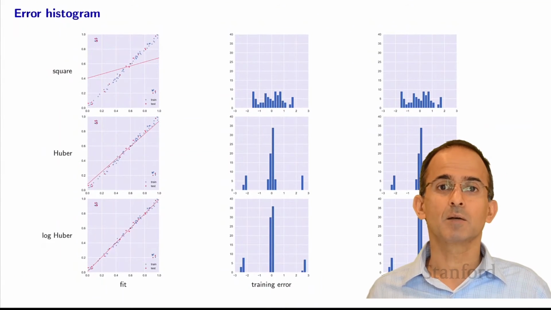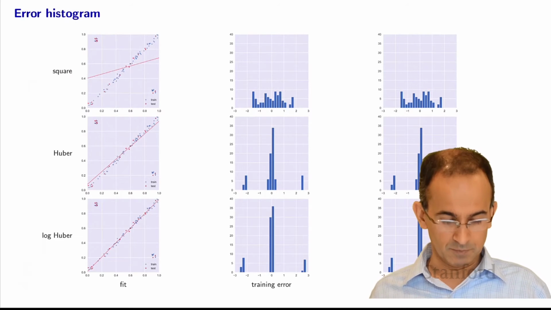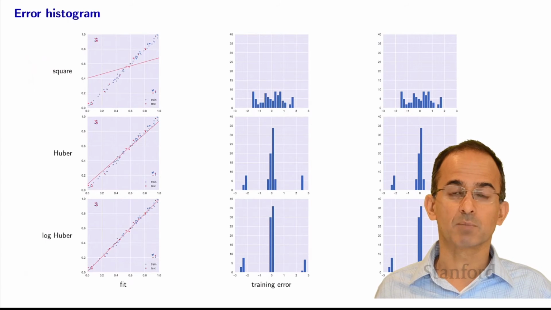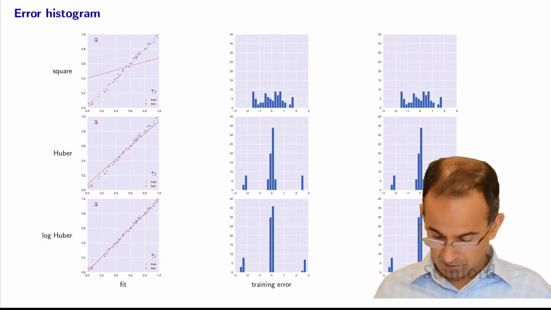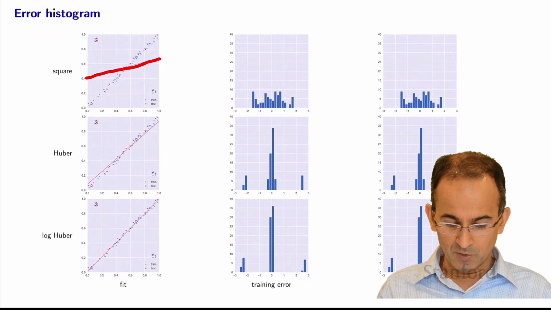We can see this in terms of the error histograms as well. Here, the top row of these plots show the results from applying the square loss function. Here is our predictor. We can see we've got a residual of training errors.